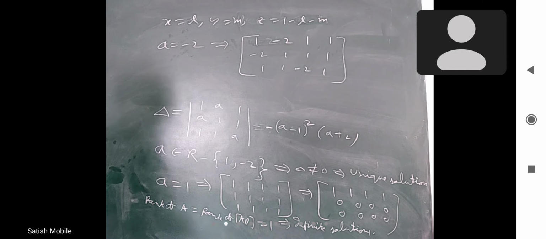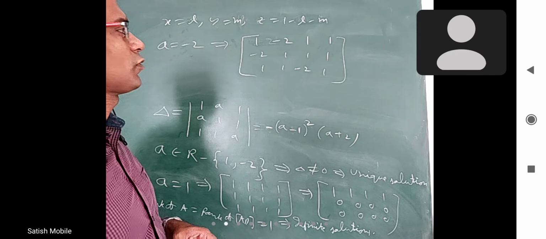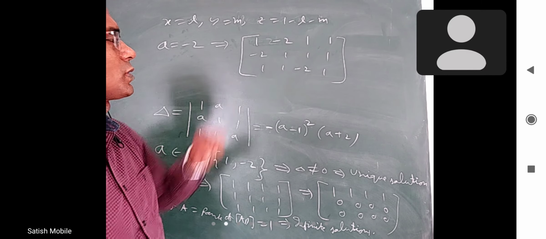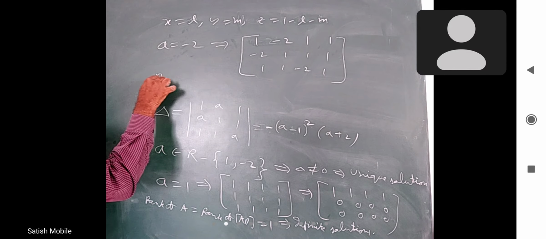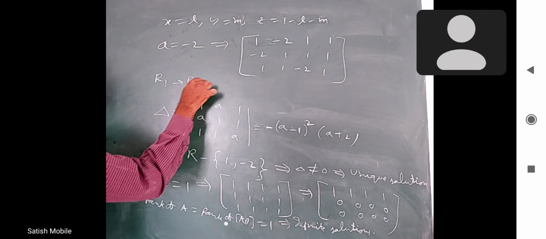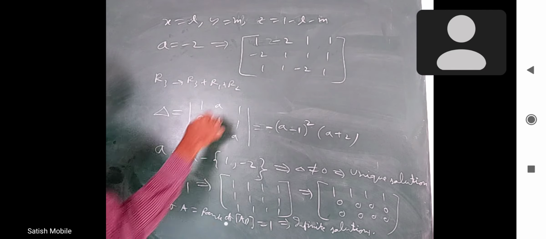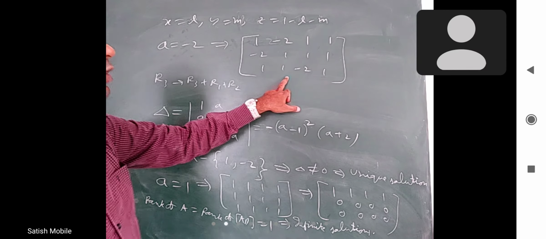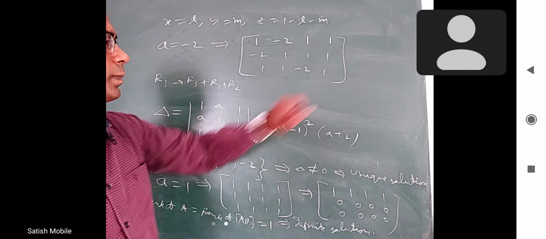As I said, in this process of doing 3 by 4 matrix, how will you solve? We have to convert these three into zeros. First of all, I want to write R3 as R3 plus R1 plus R2. For third row, I want to add first row, second row, so that I'll get 0 here, 0 here. I am not interested, but I am getting 0 here also.